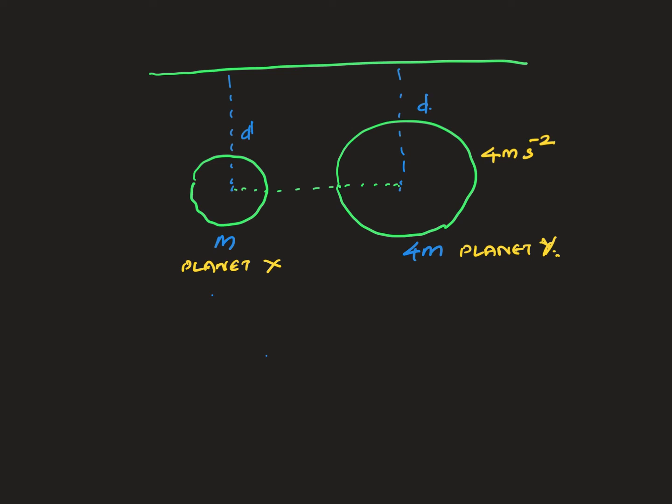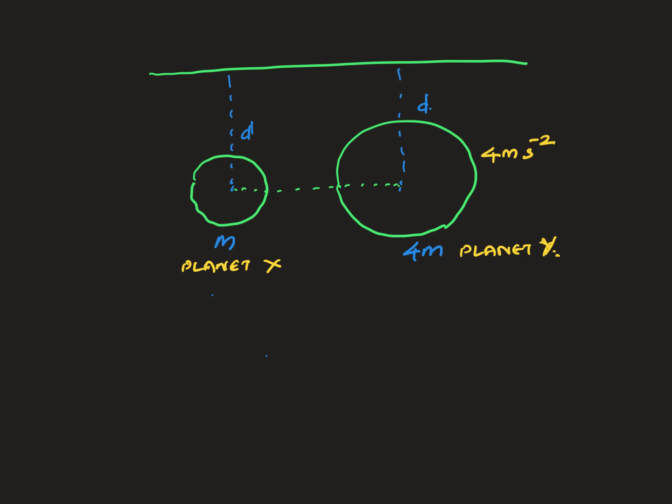So we have the gravitational acceleration at this point due to this planet, and what we are asked to find is the acceleration at this point due to planet X at the same distance d. What we know is that the distance from the center of the planets is the same, d here and d here.